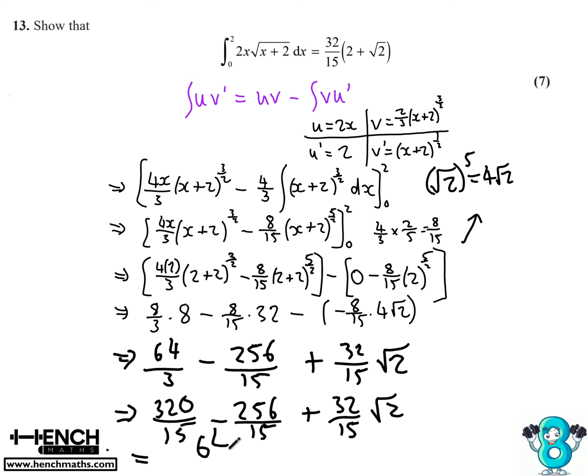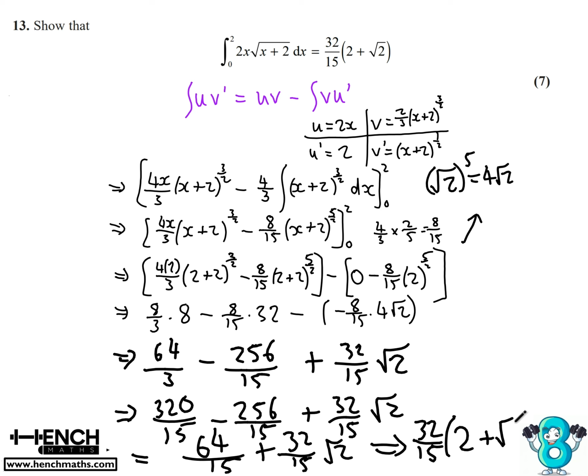So we get 64 over 15 plus 32 over 15 root 2. And if we factor out 32 over 15, we'd have 2 plus root 2. And that's what we wanted to show for 7 marks.